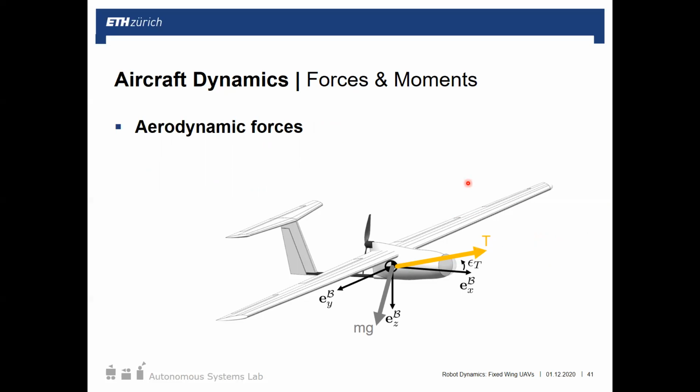Now we move on to aerodynamic forces. Of course we need to be flying at some airspeed to get any kind of aerodynamic force. The first one, again, remember, is perpendicular to the airflow. So we have lift, and this is our 3D version of that equation.